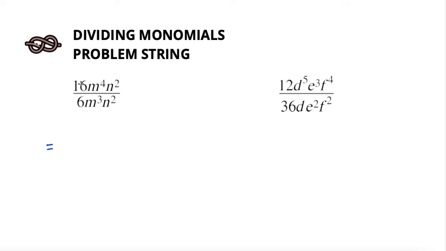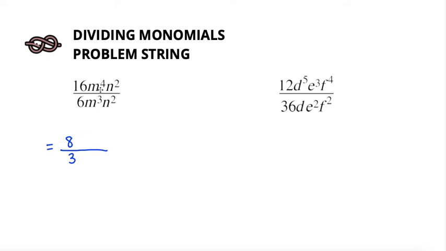So I'm looking for a number that will divide evenly into 16 and 6. Well, I know that these are both even numbers, so I can divide these by 2. So 16 divided by 2 is 8, and 6 divided by 2 is 3. And I can't make that any smaller. There's nothing I can divide 8 and 3 by that is going to give me a whole number. So 8 over 3 is 16 over 6 in lowest terms.